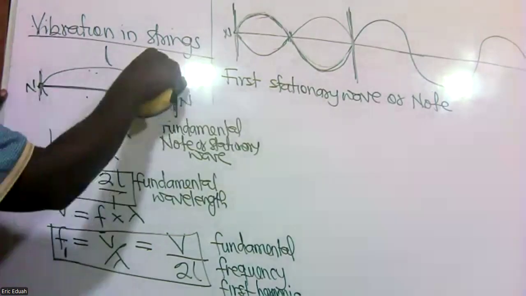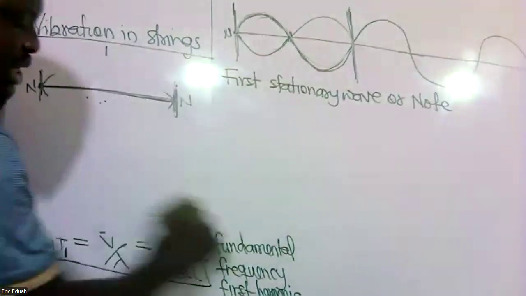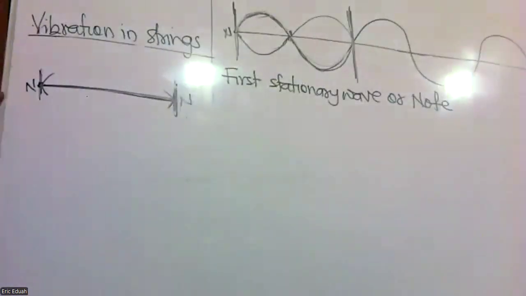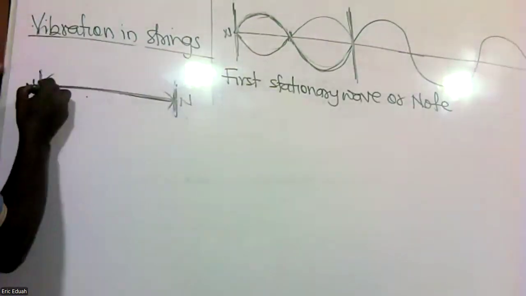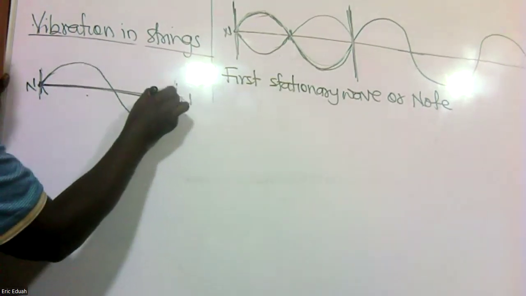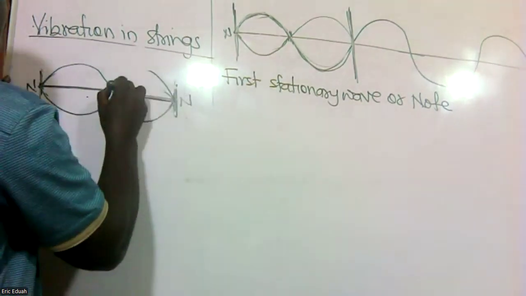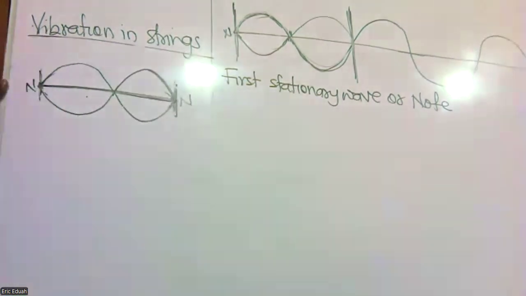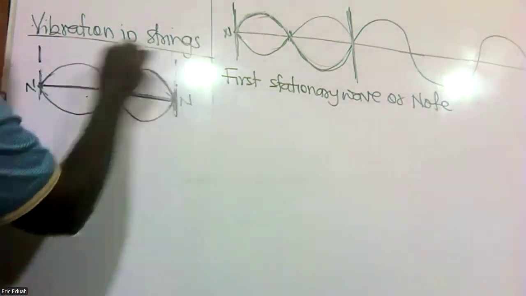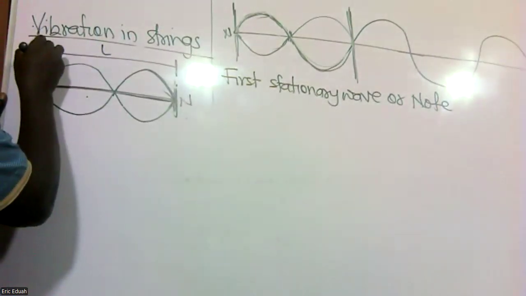So let's draw it. This is just to guide us to generate the possible nodes or stationary waves. So the first one hits the boundary and then reflects. We note that the length of the string is still the same, L, the same length.